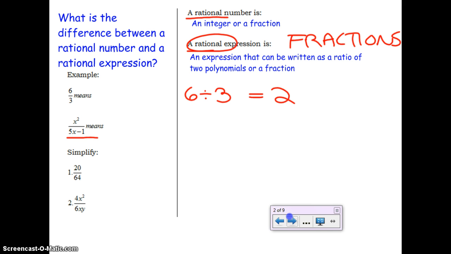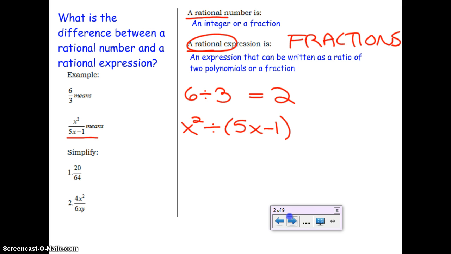So I'm saying that x squared is divided by 5x minus 1. Last unit, we did this division by long division or synthetic division. We are going to take a look at how we can do it with factoring today. So we're going to really utilize our factoring, all right? So let's go ahead and simplify what we already know how to simplify.